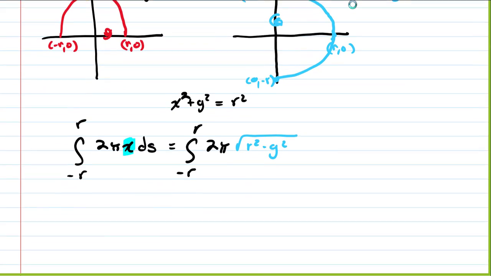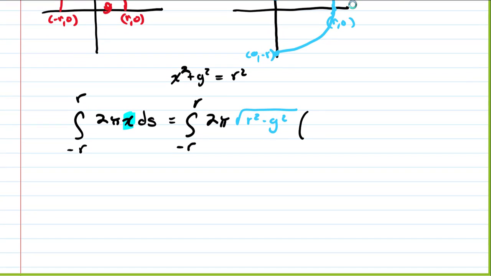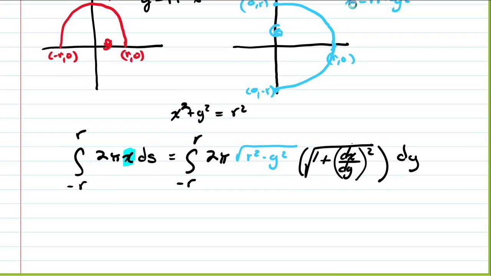where our ds is the square root of 1 plus dx/dy squared, all of that in the square root, dy. So we need to calculate dx/dy.